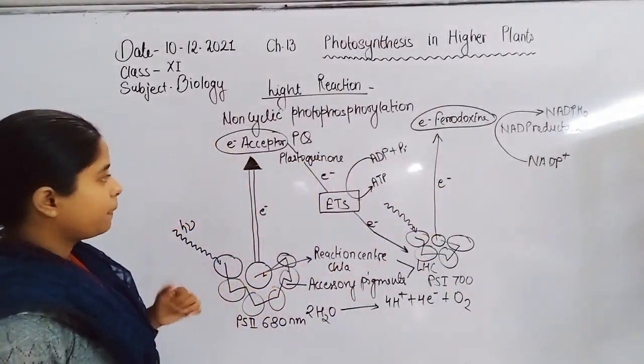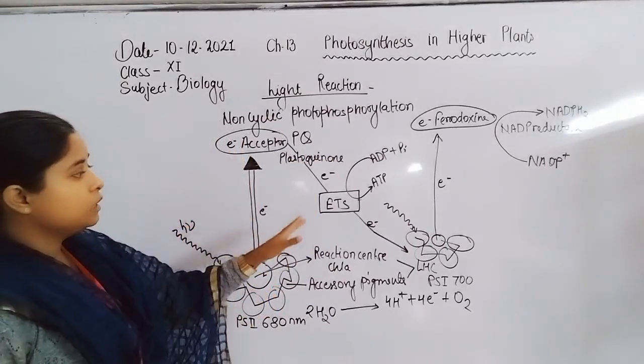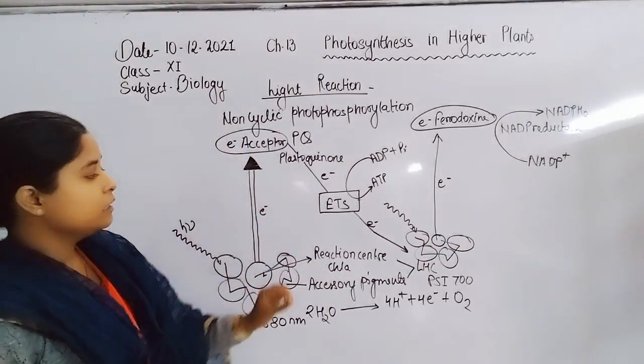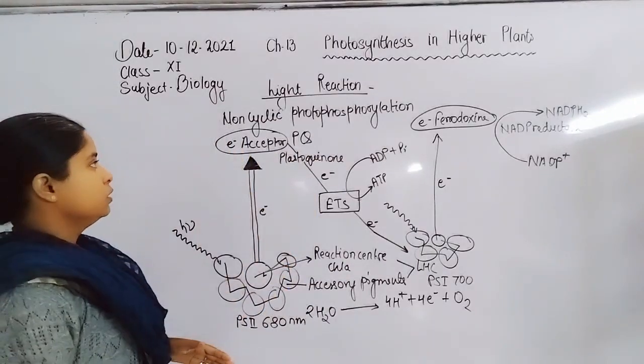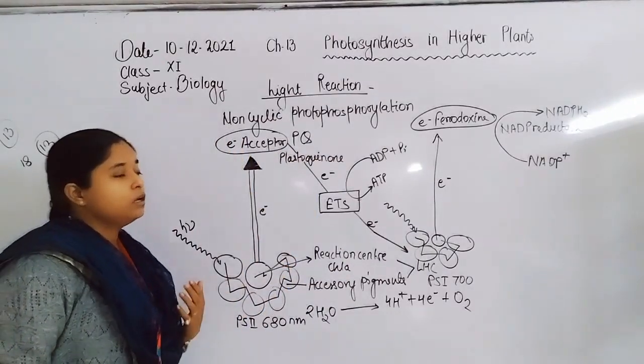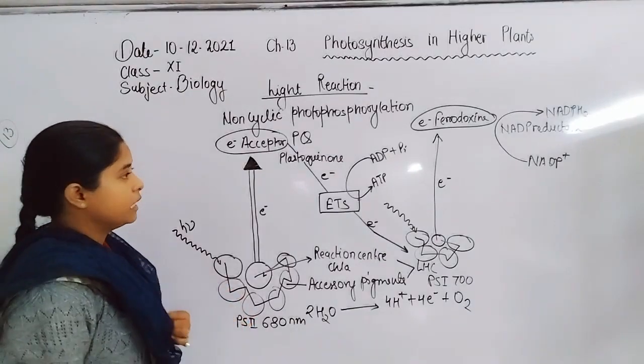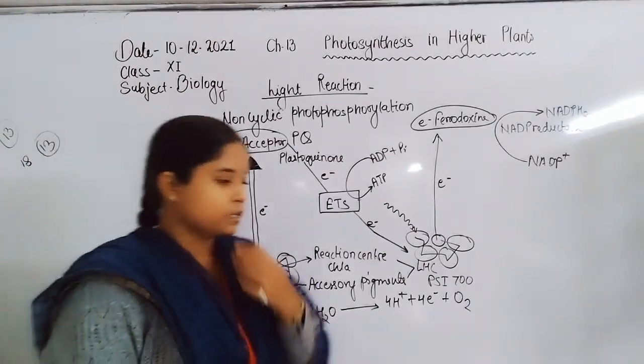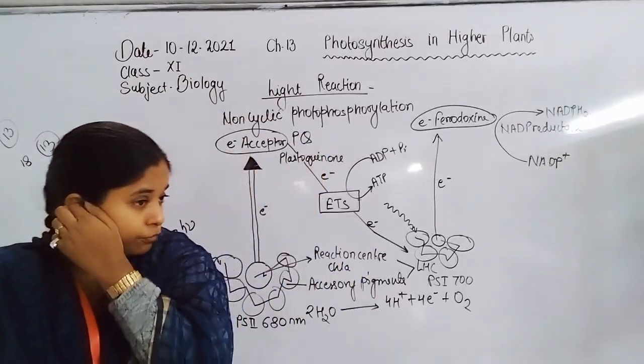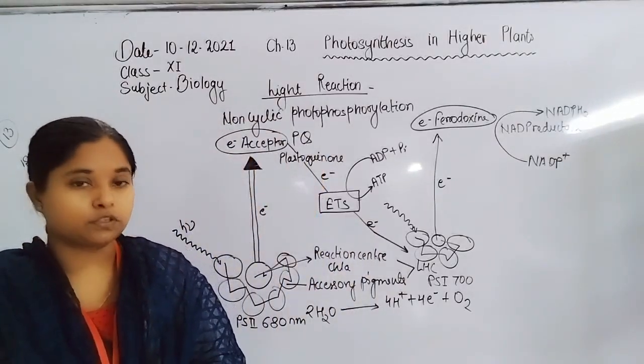Hence all the ATP and NADPH get transferred to the dark reaction for carbon dioxide fixation. So that's why ATP and NADPH2 get synthesized during non-cyclic photophosphorylation.